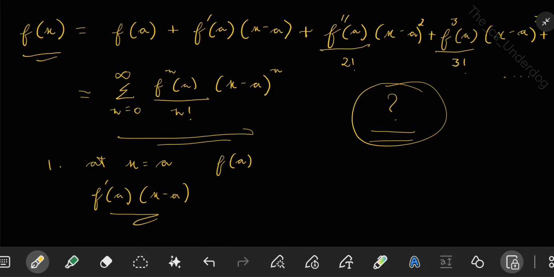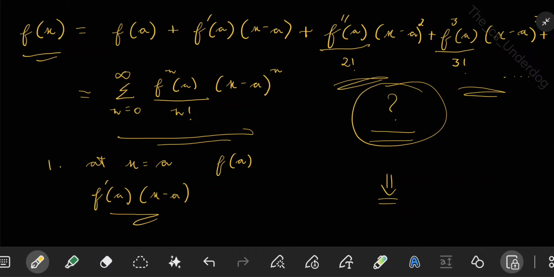Then if you add the second derivative along with the quadratic term, or the third term, which is cubic, in these ways, if you add the higher order terms, the higher derivatives will refine the approximation. So this is the logic.